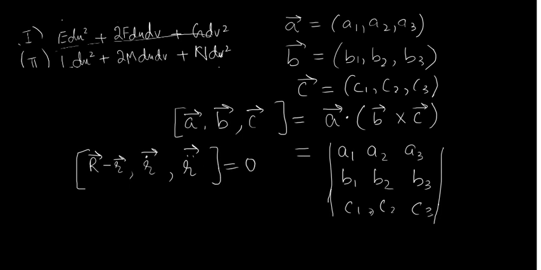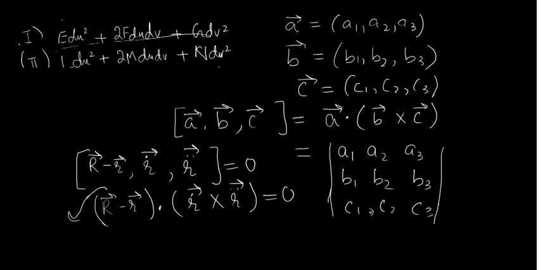By that we mean this: we take R minus r as a vector and take its dot product with r dot cross r double dot. Here capital R is the generic or general point, an arbitrary point on the osculating plane, and small r is our chosen point on that curve.